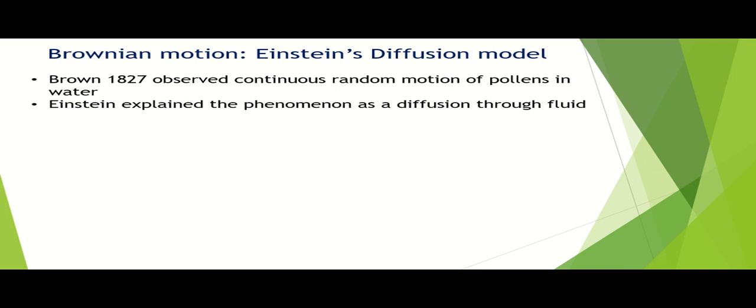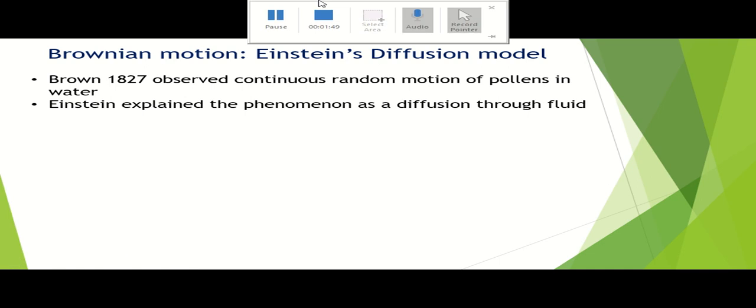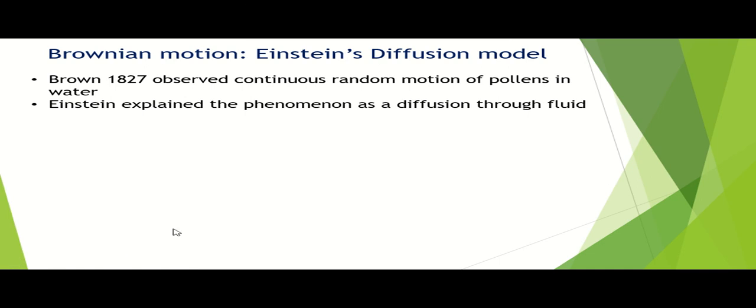Diffusion is something you might be familiar with. You might have seen it when you spray perfume in one corner of the room and it spreads throughout the room. The perfume molecules move in the room by means of diffusion.